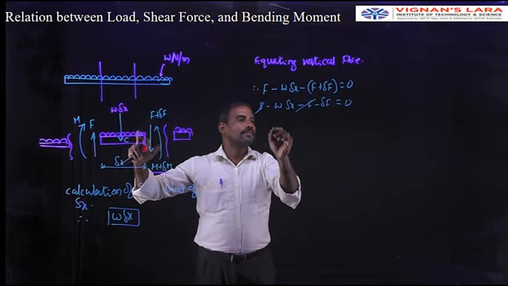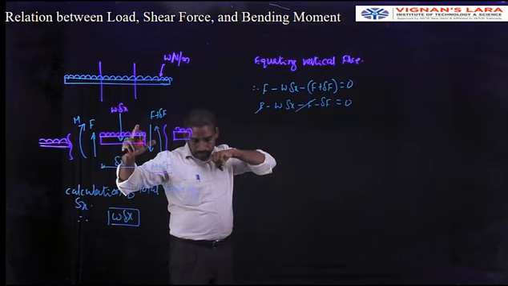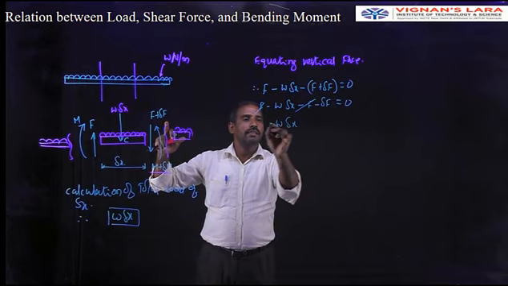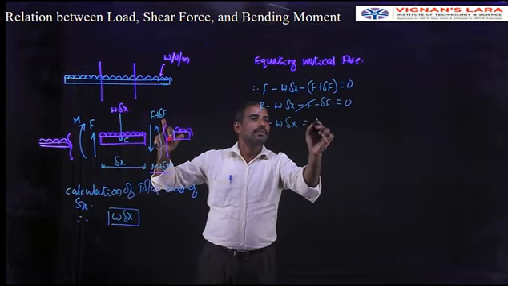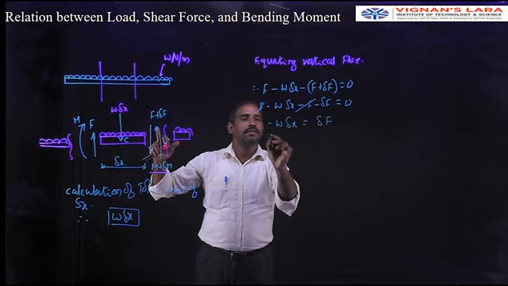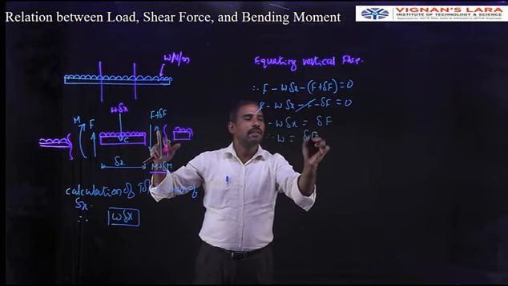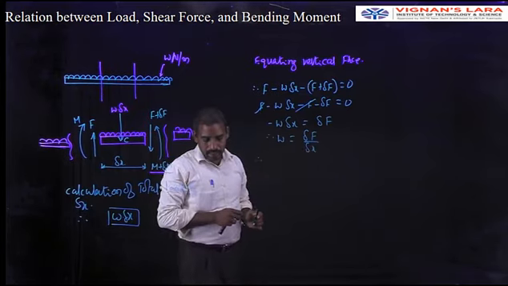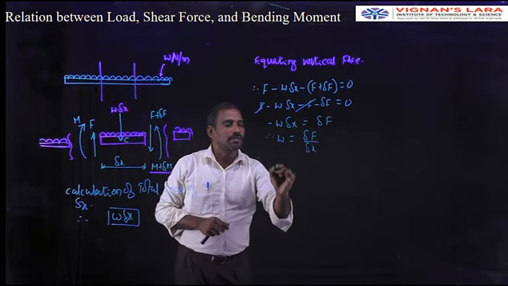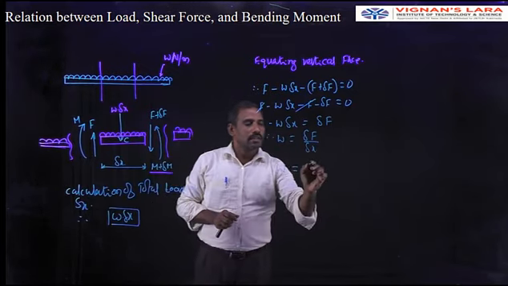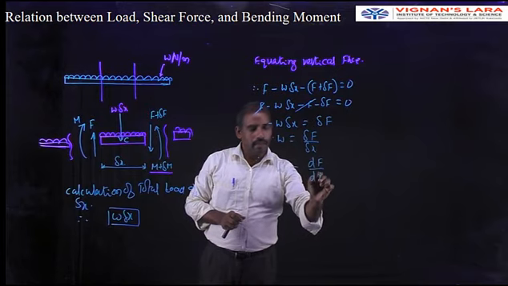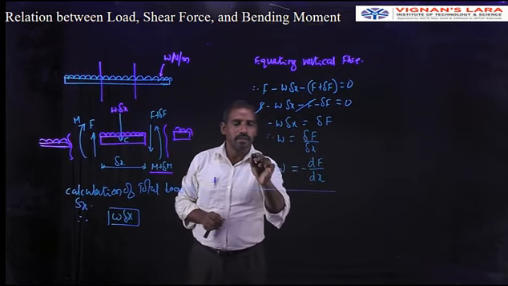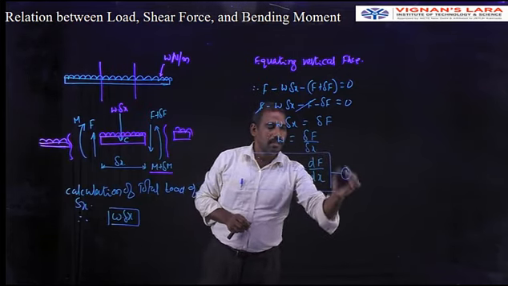So that becomes W into delta X equal to minus delta F. Therefore, W is equal to minus delta F by delta X. This can be rewritten as the rate of loading W is equal to minus dF by dx. Again, it is a negative sign. So this is equation number 1.